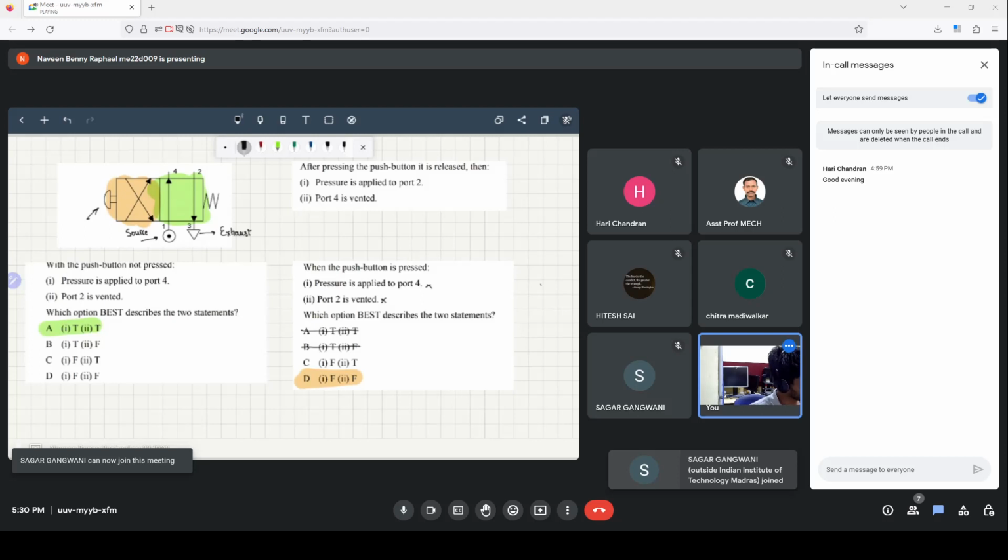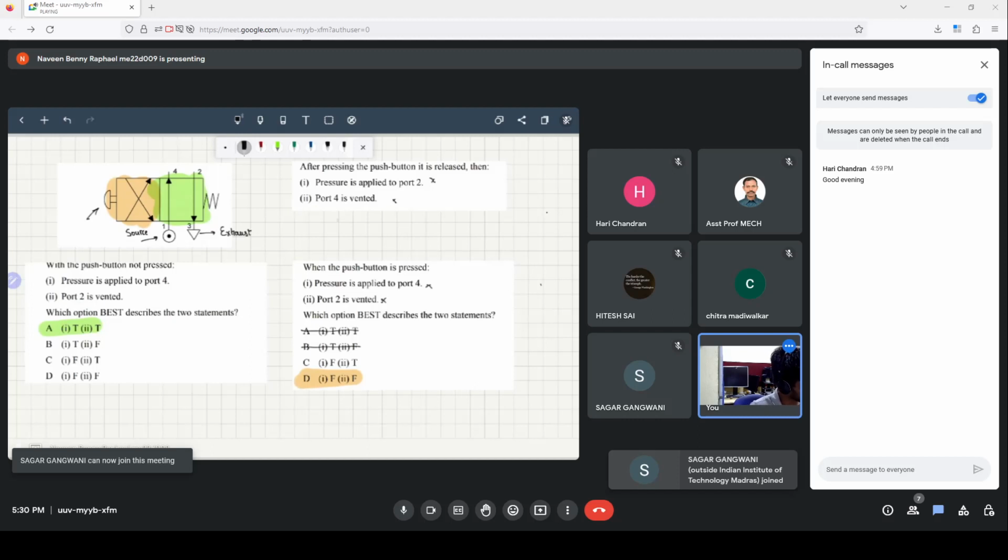So if the push button is released, that's essentially the same thing as the original case. And we already studied that in the original case, the pressure was applied to port 4. So this is definitely false. And likewise, earlier we had said port 2 was vented. So this is also false.